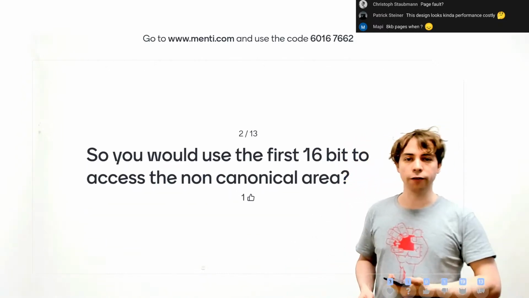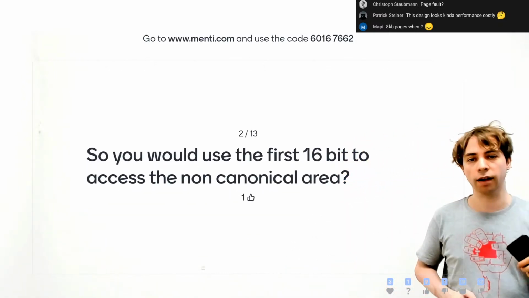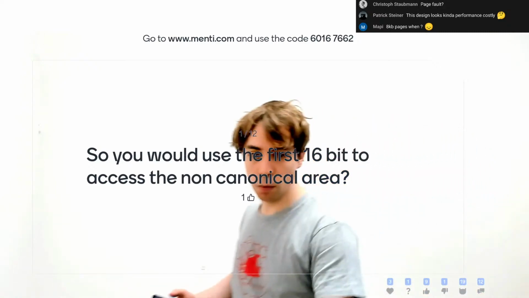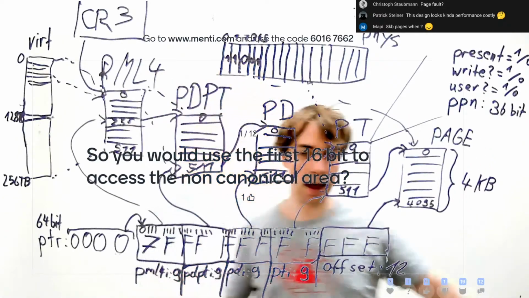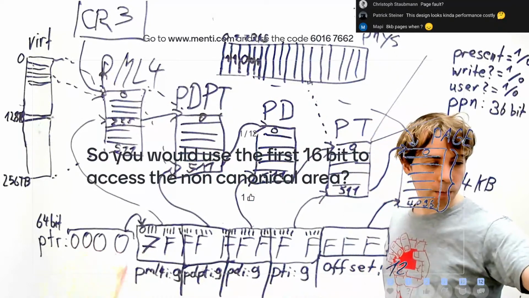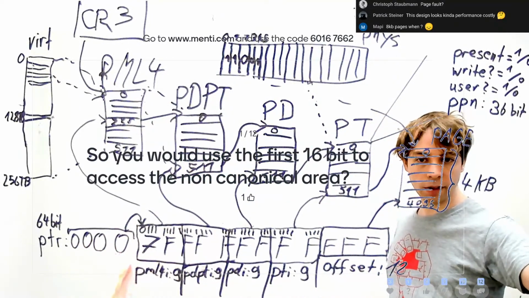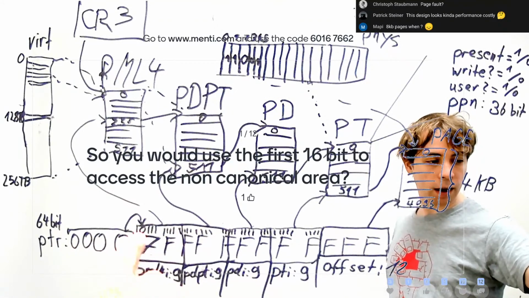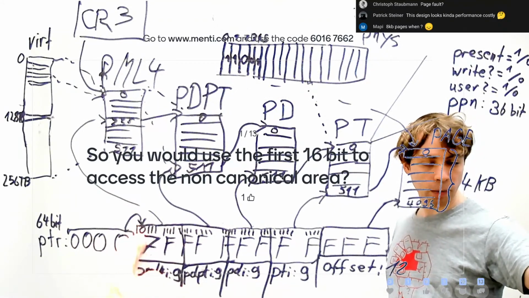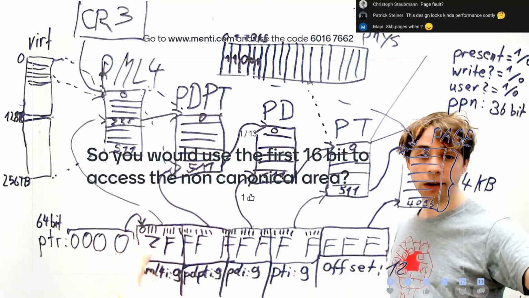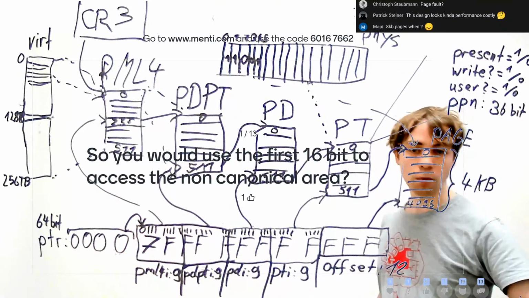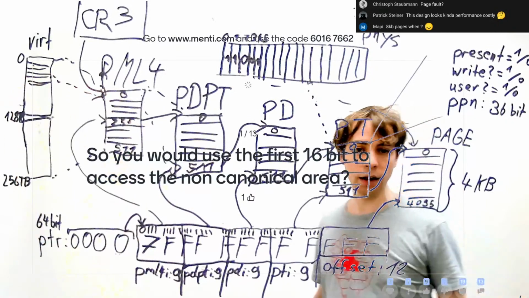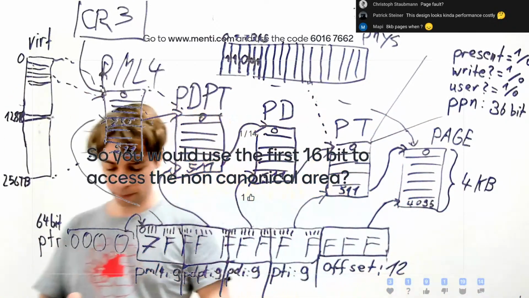So you would use the first 16 bits to access the non-canonical area. If you have any address where these bits do not all have the same value as exactly this bit here, the topmost bit of the 48-bit address, then it would be a non-canonical address. That means in this middle area that we cannot access.